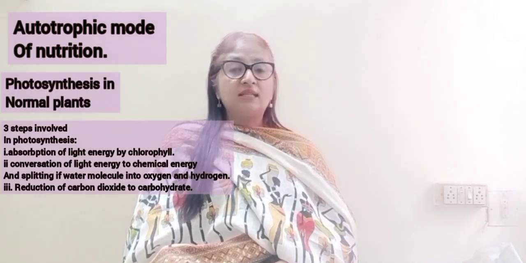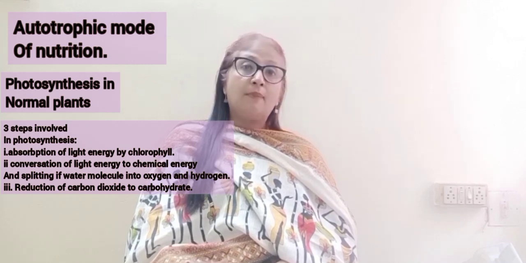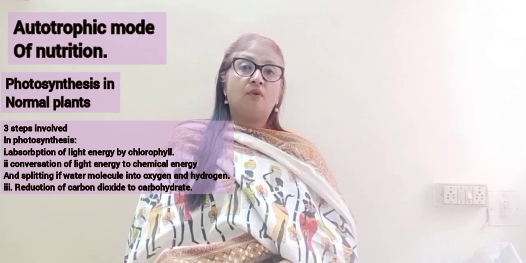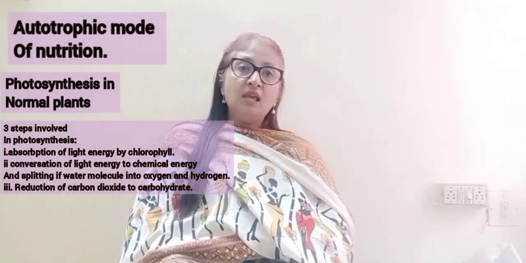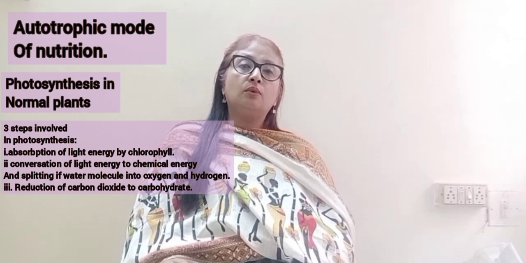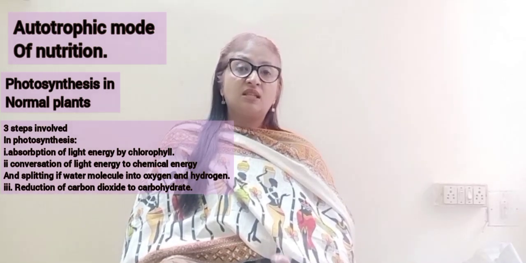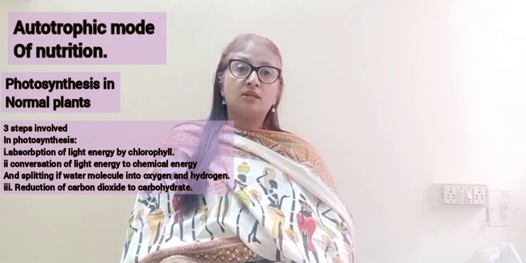Now what are the 3 steps involved in photosynthesis in normal plants? First step, absorbing solar energy by chlorophyll. This solar energy or light energy is then converted to chemical energy, and splitting of water into hydrogen and oxygen molecules.